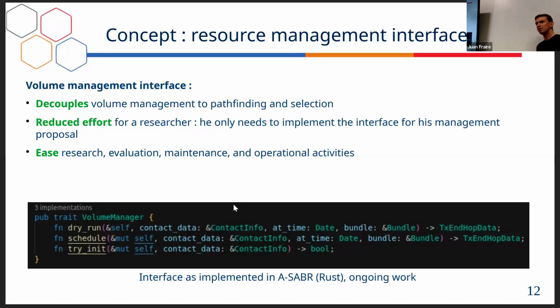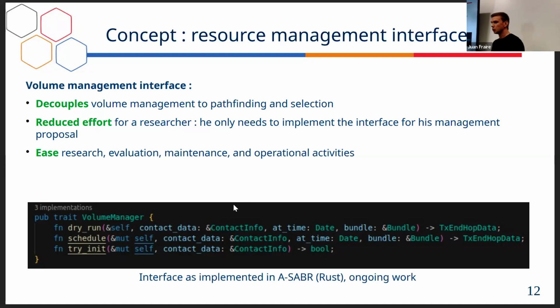How do you make the pathfinding technique extensible, as well as the storage for the routes or the trees, if you have something for multicast and so on. This reduces the effort to include new researchers in the volume management journey.